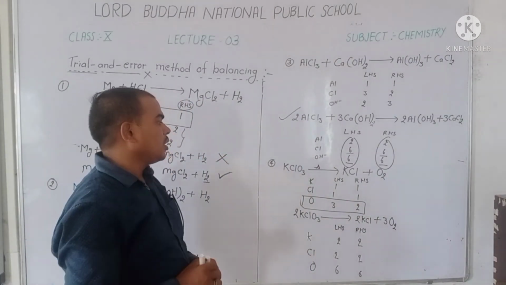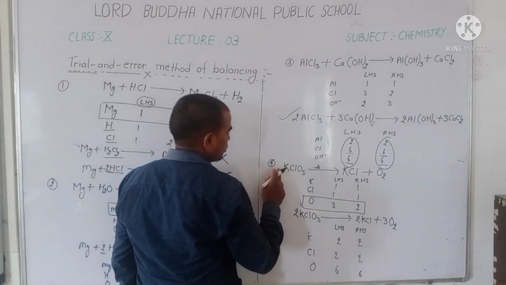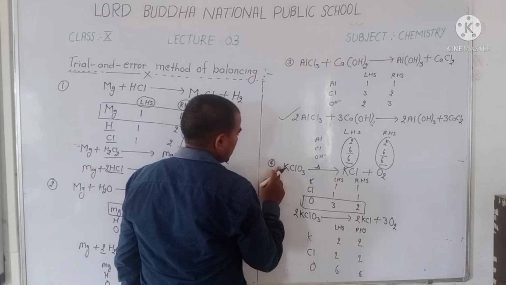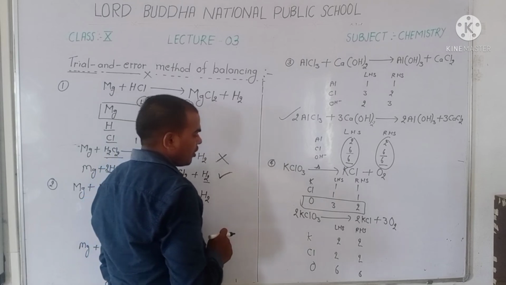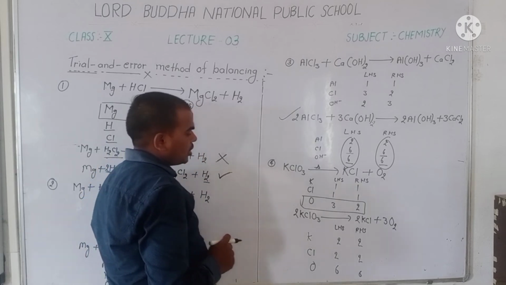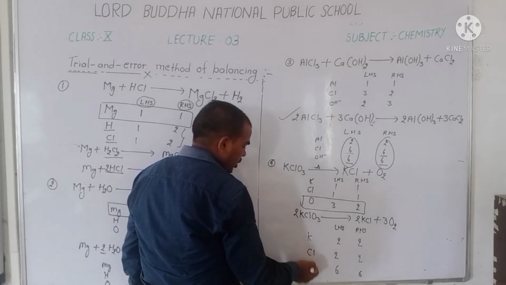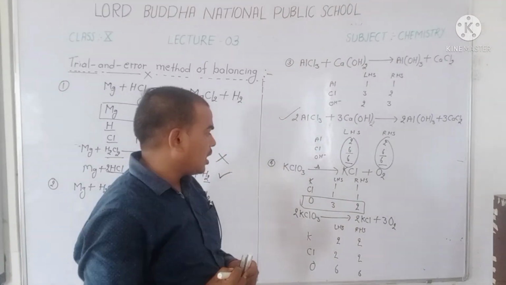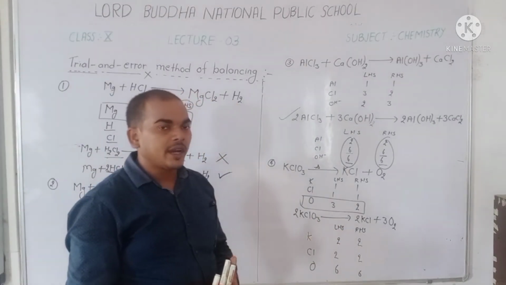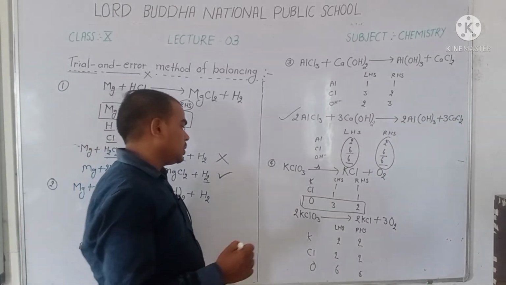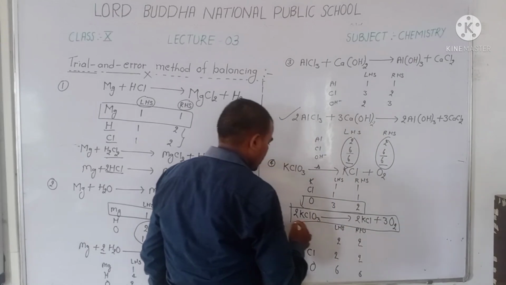For balancing oxygen atoms, if we multiply 2 before the potassium chlorate, then we find the number of potassium, chlorine and oxygen on the left-hand side and right-hand side are equal. That means this equation is a balanced equation.